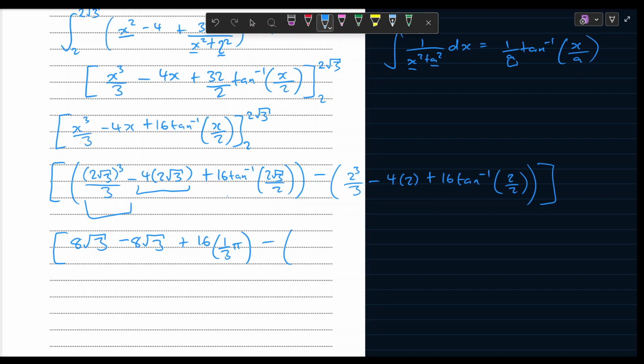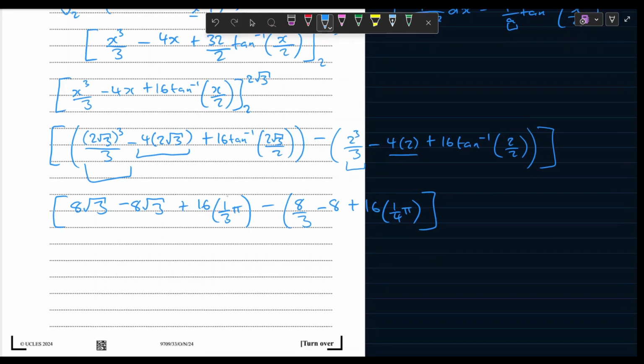minus, now let's do it for the lower limit. So 2 cubed is 8, so that's 8 over 3 minus 8. Then we've got 16 arctan of 1. Arctan of 1 is a quarter pi. So we get 16 multiplied by a quarter pi.